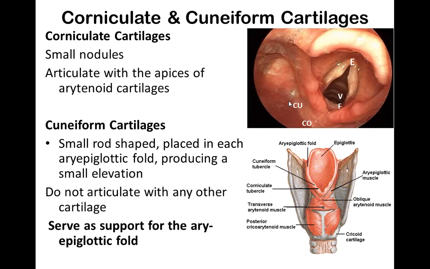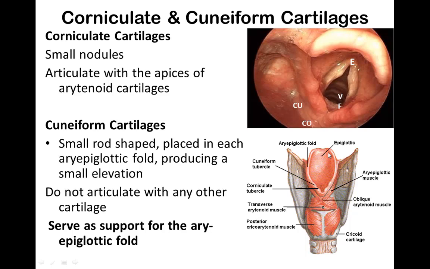We have the corniculate and the cuneiform cartilage. These are two small cartilages we can see. The corniculate, as we have seen in the slide before, articulates with the arytenoid, and the cuneiform is a small rod cartilage. It's placed on each side of the epiglottic fold.